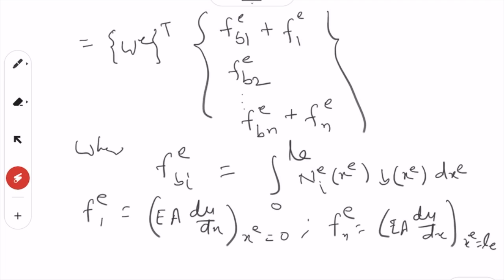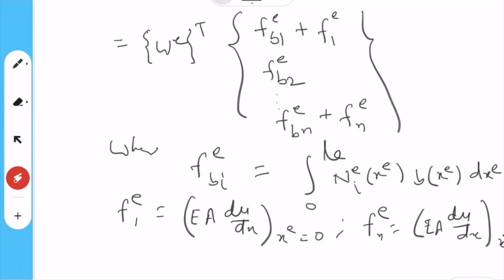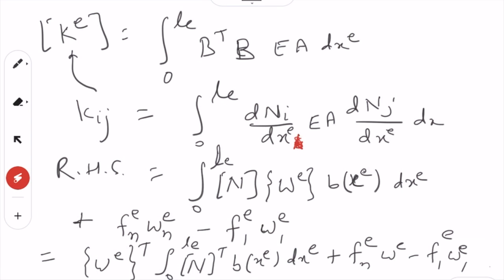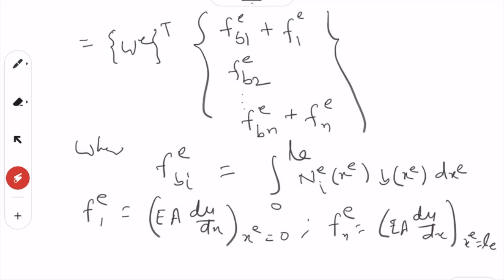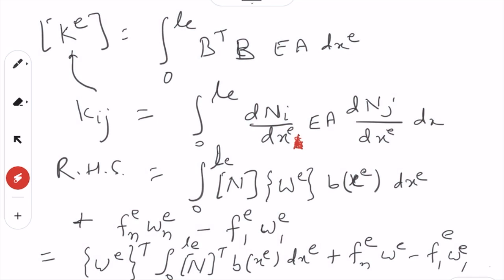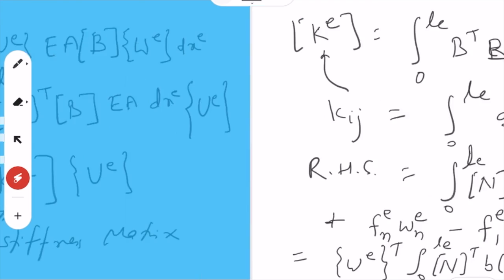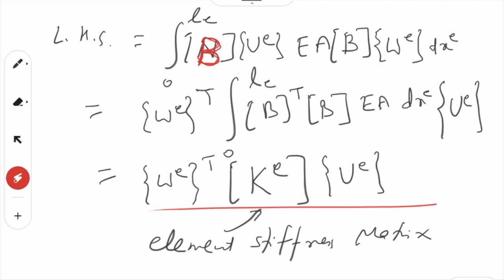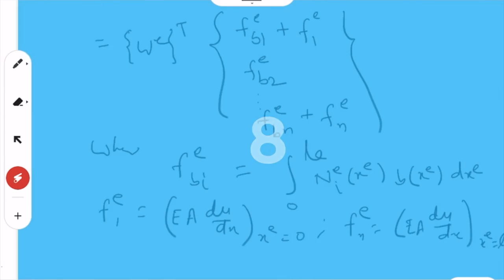Anyway, looking at here, this is common here, and on the right hand side we have this, and on the left hand side we have this. Both of them have this common, and since W is arbitrary, hence W_E1, W_E2, W_E3, all these are also arbitrary. Because of that, what we have is simply this equal to this.